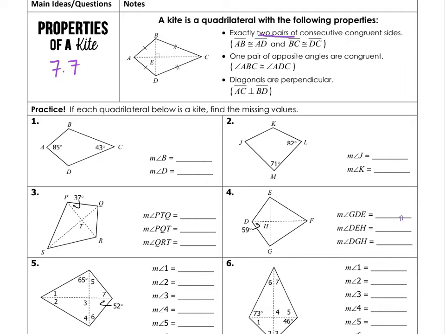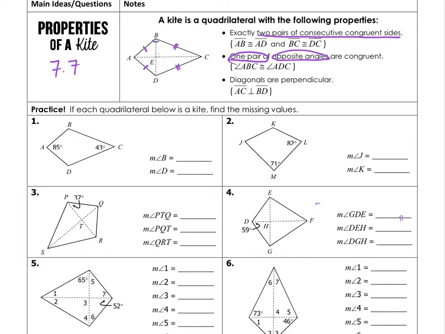Exactly two pairs of consecutive congruent sides. What that means is AB and AD are congruent, that's one pair, and BC and CD are congruent, that's the second pair. But only one pair of opposite angles are congruent.